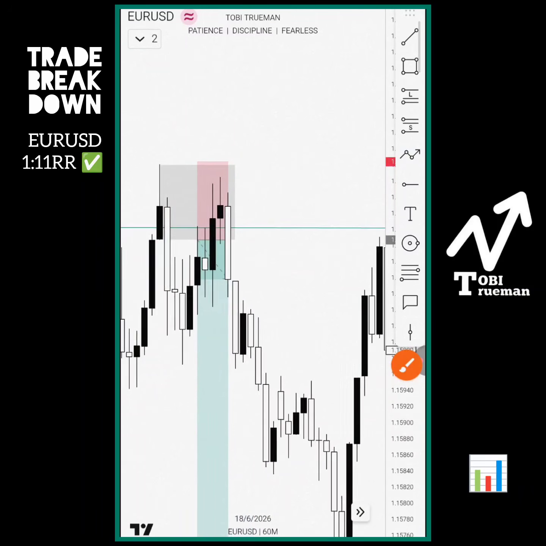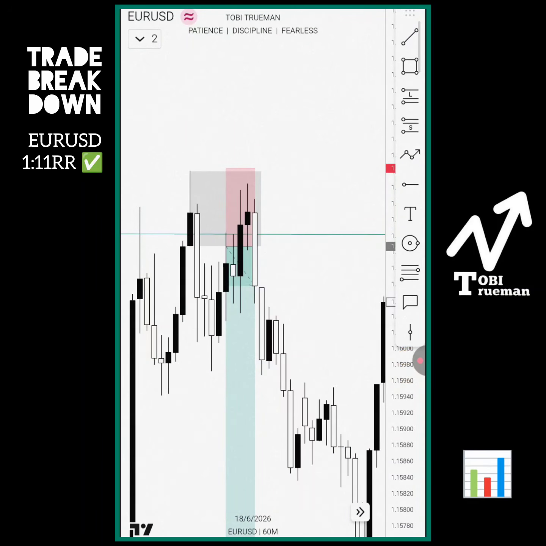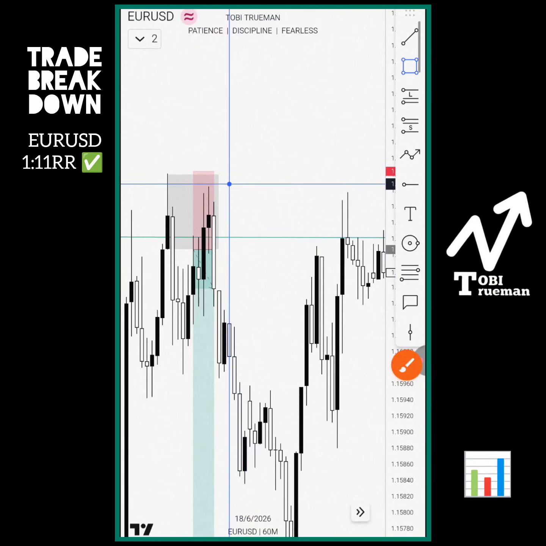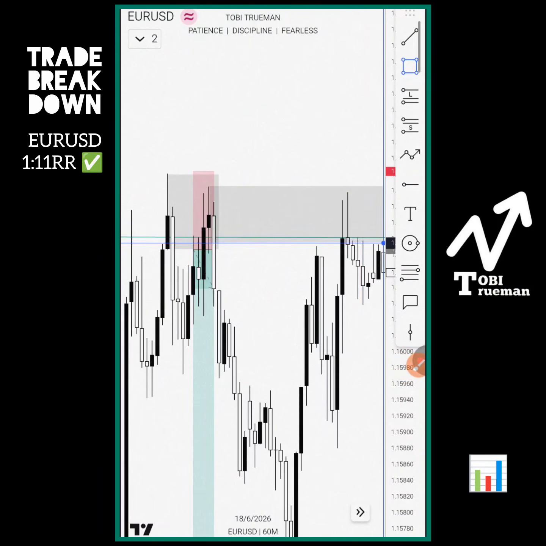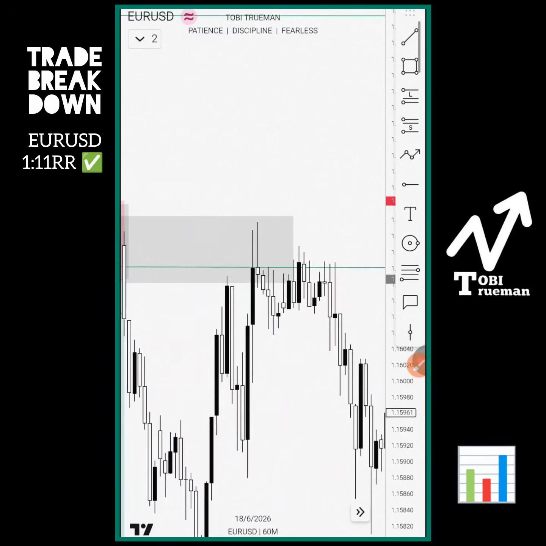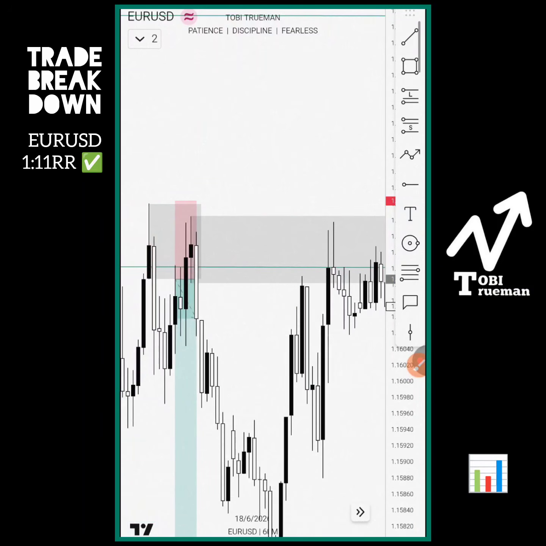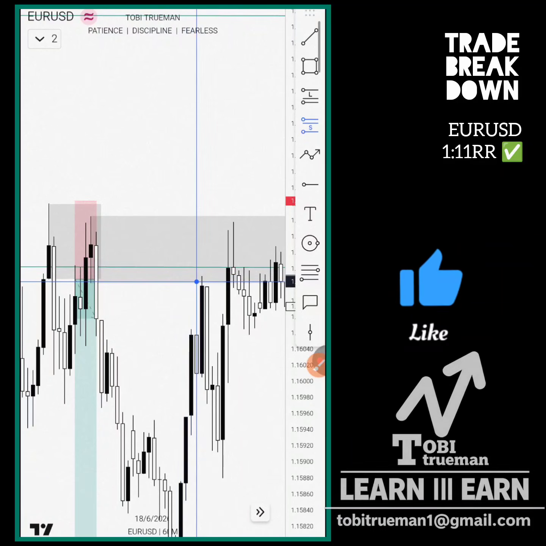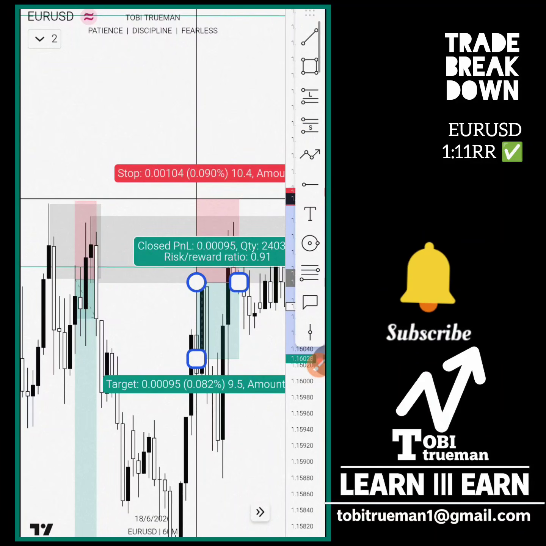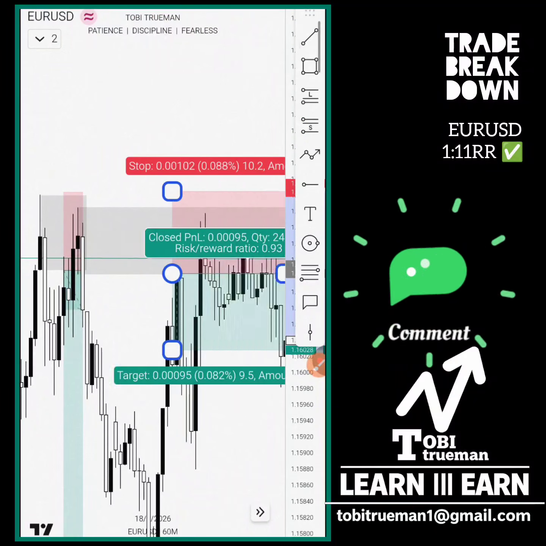Then I noticed that when price tapped into this 1 hour supply zone, it left behind another 1 hour supply zone. So it was on this second 1 hour supply zone I was able to enter the trade. Then I put my trade there.